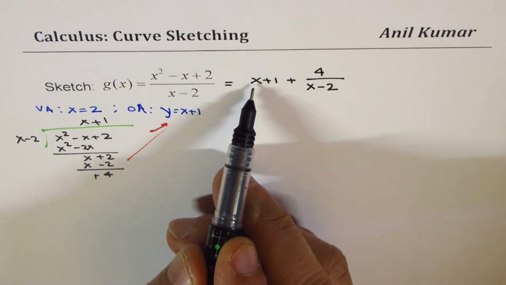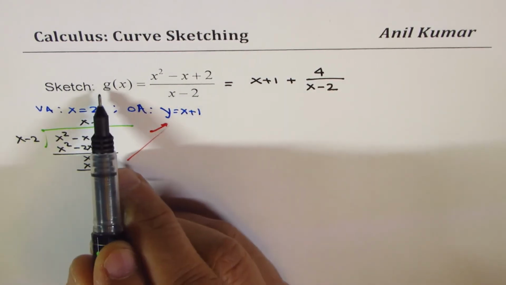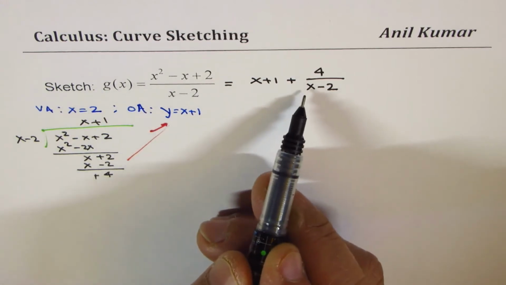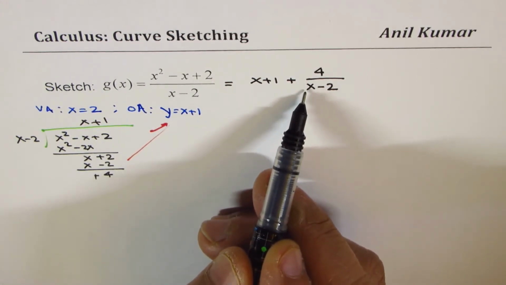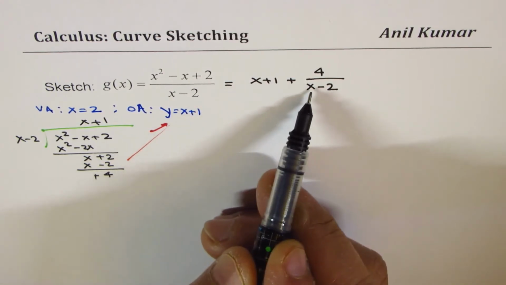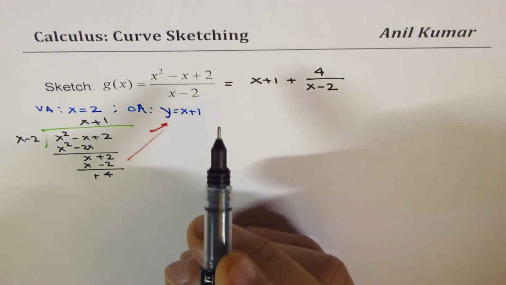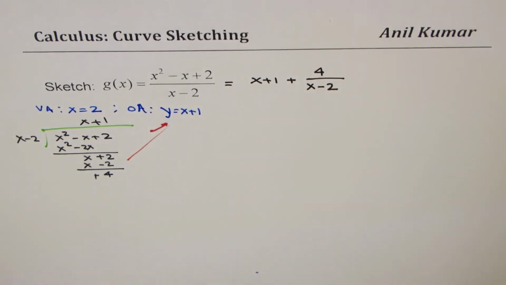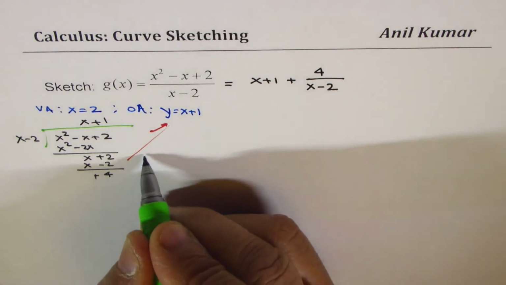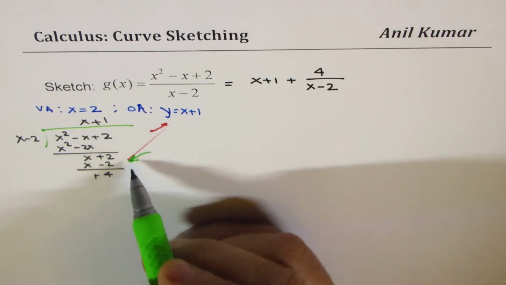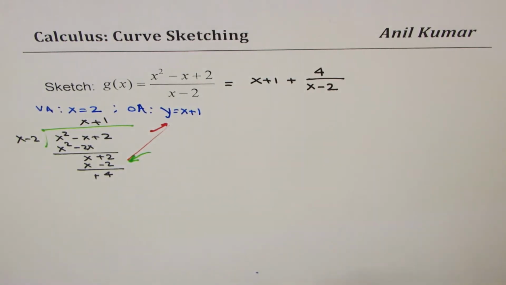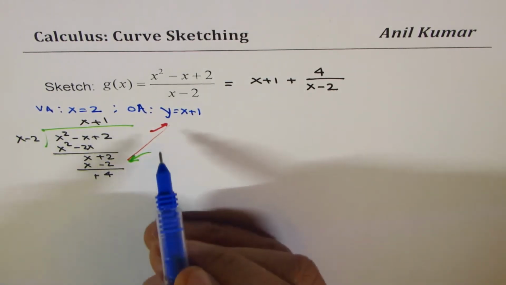So if I write a negative large value for the given function, in that case, this is negative. That means the value is lower than x plus 1. So for the negative portion, you are approaching from this side. So that gives you behavior near the asymptote. Is that clear?